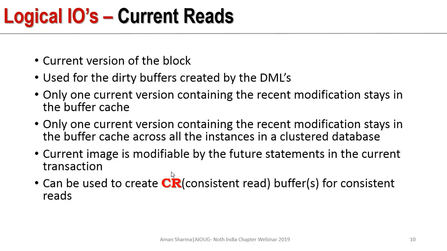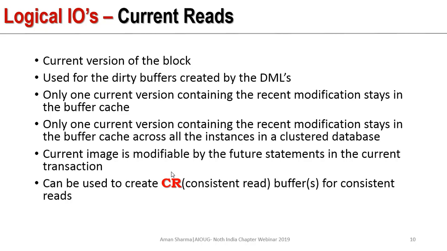There is only one current version of a particular buffer which stays in the buffer cache, and this is the same even in cluster environments. The current image becomes consistent once you give a rollback or a commit.